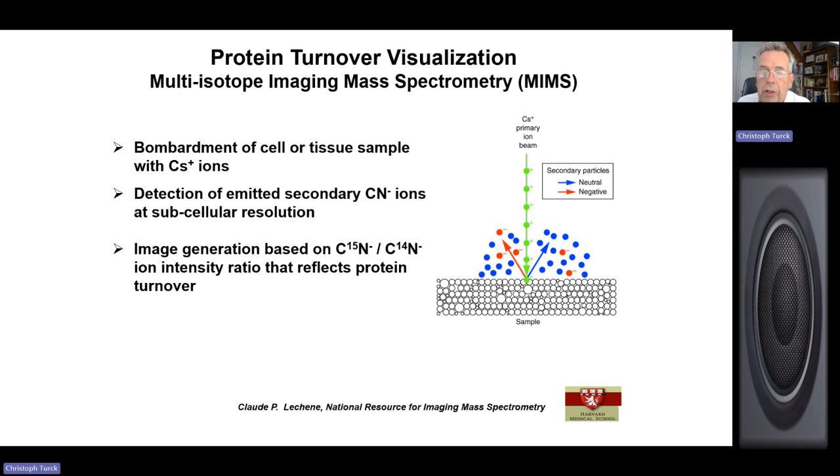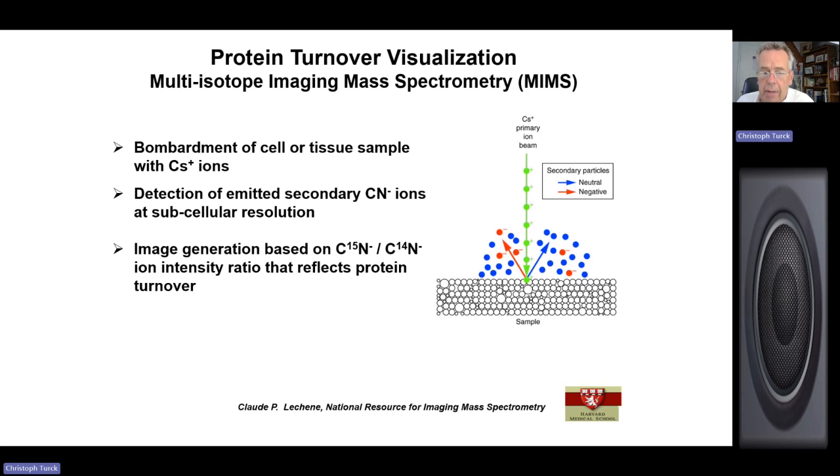The way this works is that you immobilize your tissue slice, a brain tissue slice. It's then bombarded with positively charged cesium ions. As a result, the tissue emits negatively charged cyanide ions. And the images that he generates reflect the ratio of C15N and C14N signal.